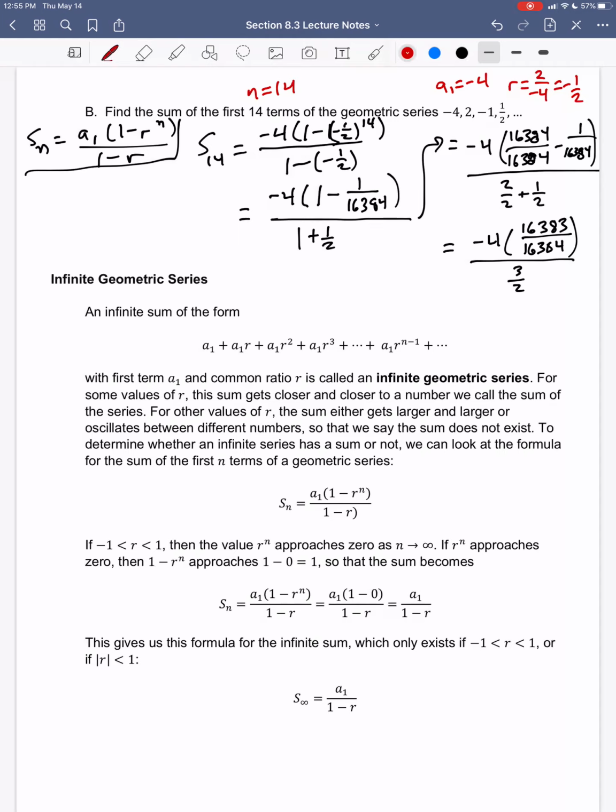It turns out we can divide 16,384 by 4, and that ends up being 4,096. So I get negative 16,383 over 4,096 divided by 3/2, but then that would just be multiplying by 2/3.